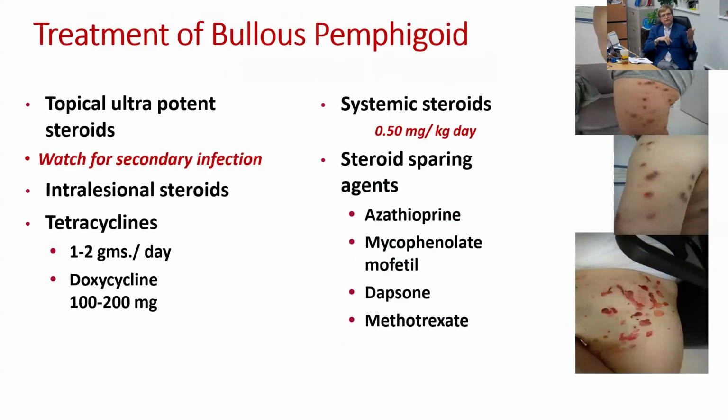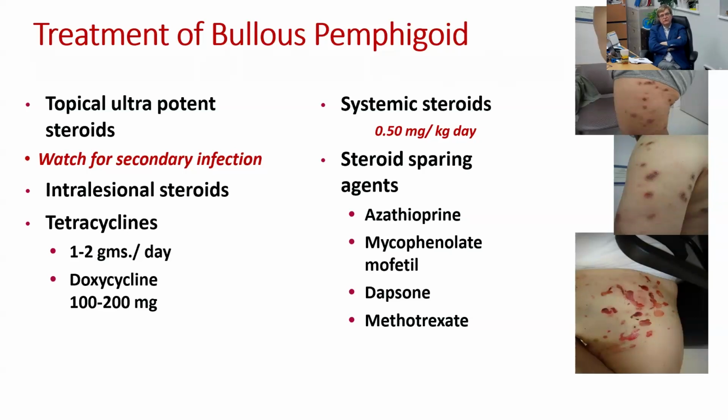Ultra-potent steroids, we will often use clobetasol, which is 12 times hydrocortisone. Put it on a gauze and lay it on. Intralesional steroids if we've got too few. But the drug of choice now is doxycycline, using 200 milligrams a day. Systemic steroids when that fails, 0.5 milligrams per kilogram per day.